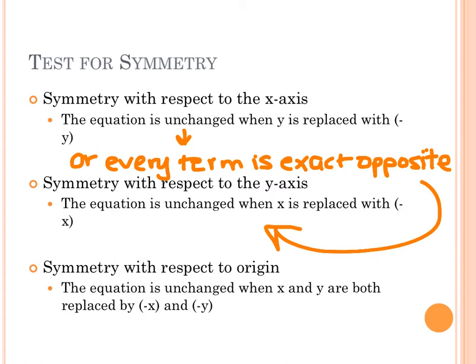So x becomes negative x, y becomes negative y. And then simplify it. If it goes back to the original or goes unchanged, or every term is the exact opposite, then it's symmetric with respect to the origin.